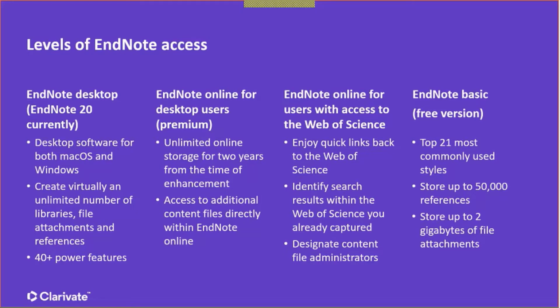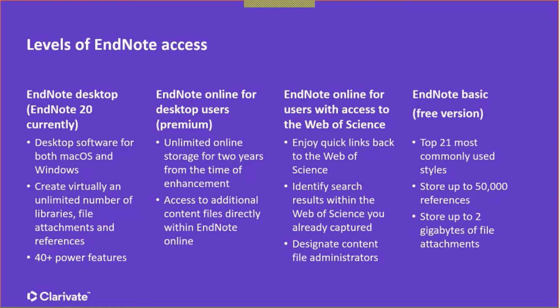Ahead of diving into all the powerful features available in EndNote 20, I'd like to describe the various access levels within the EndNote ecosystem and describe some of the key differences between each tier of access. Of course, we've got the desktop version of EndNote, EndNote Desktop, which I had mentioned is currently EndNote 20. This is software that you can install on your computers, whether they're running Mac OS or Microsoft Windows.